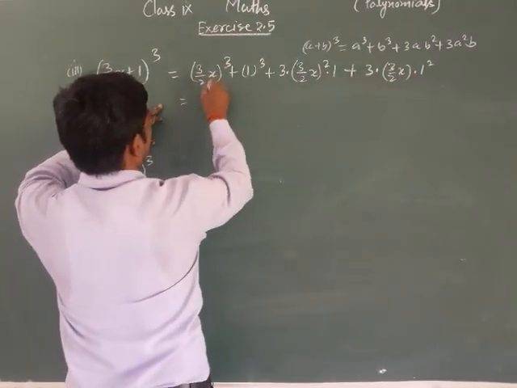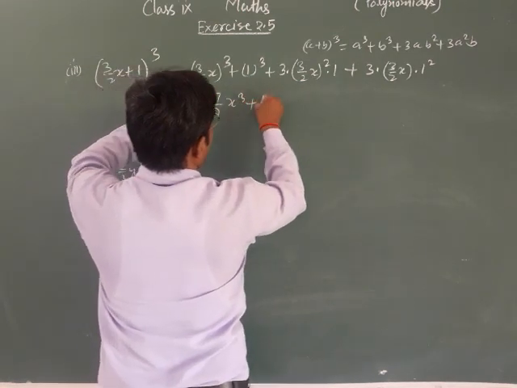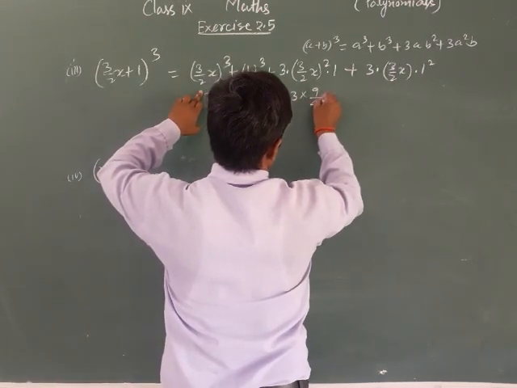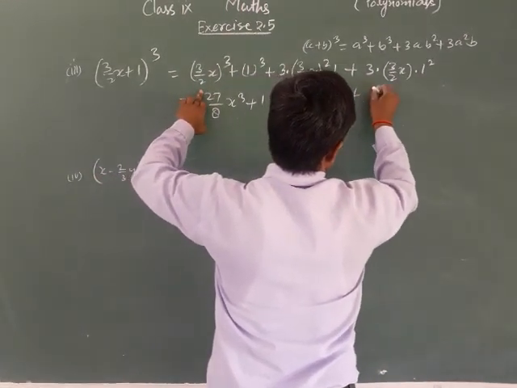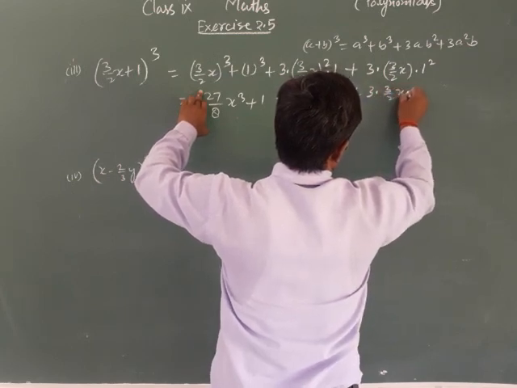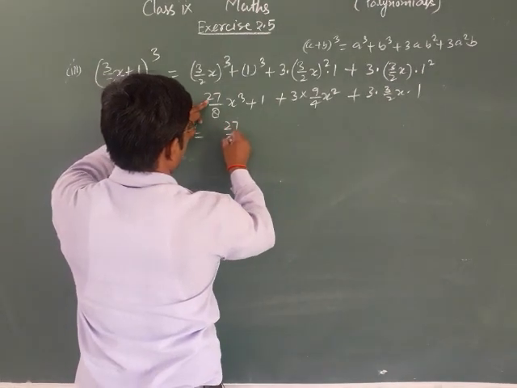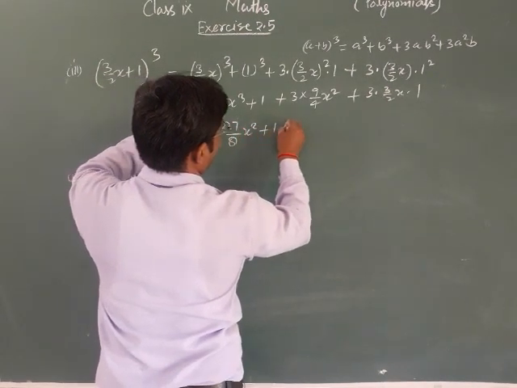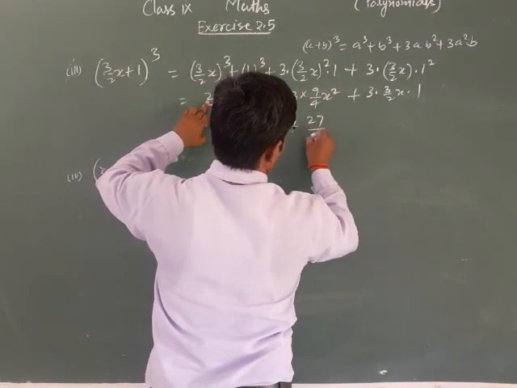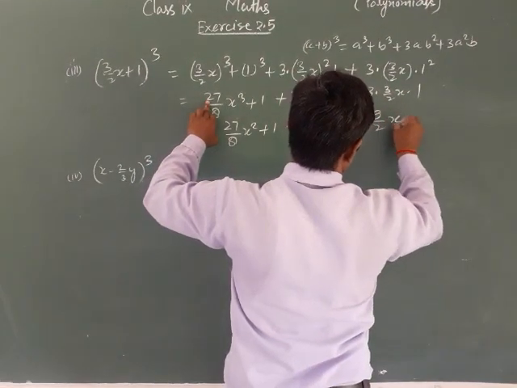So 27 upon 8 x cube plus 1 plus 3 into 9 upon 4 x square and plus 3 into 3 by 2x into 1. So this is 27 upon 8 x cube plus 1 plus 27 upon 4 x square plus 9 upon 2 x.